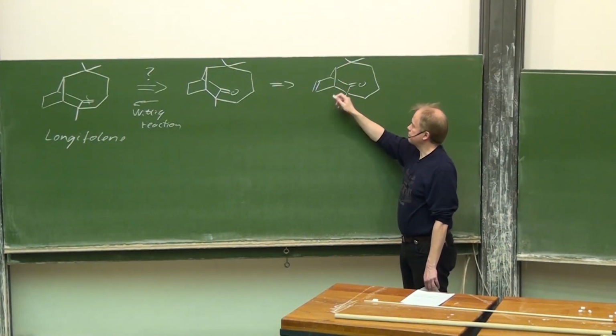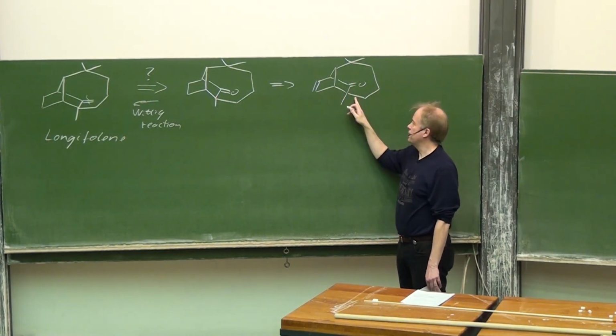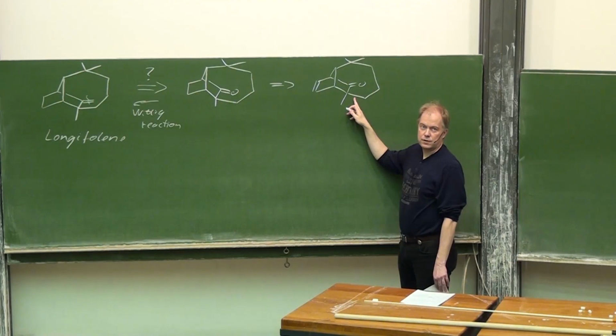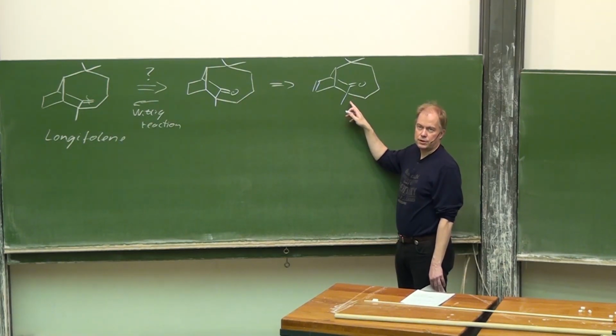However, disconnection here and there would then give a ketene as the dienophile. As we already know, that doesn't work. Ketenes usually give 2+2 cycloaddition as the result.